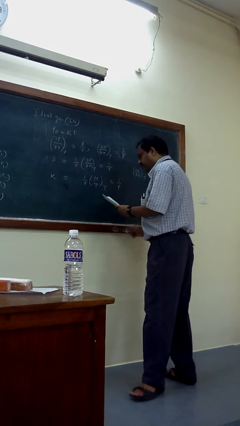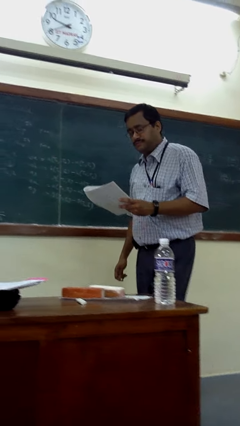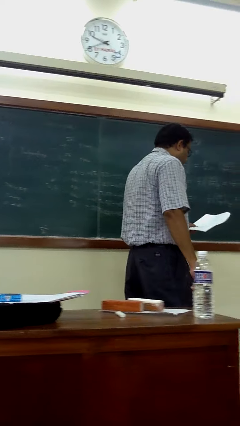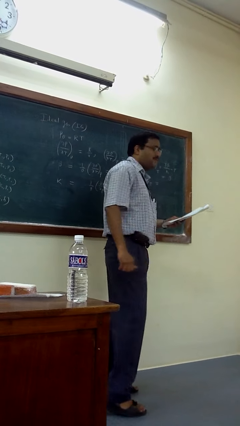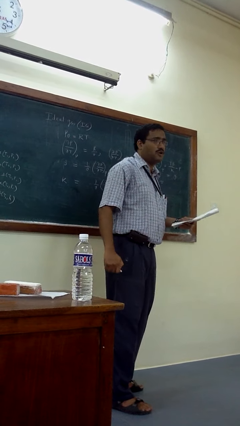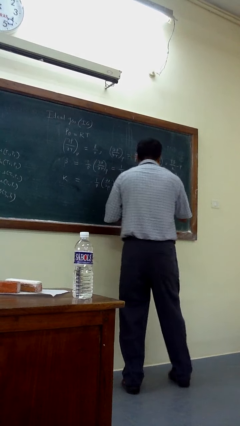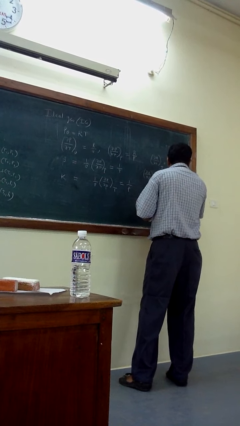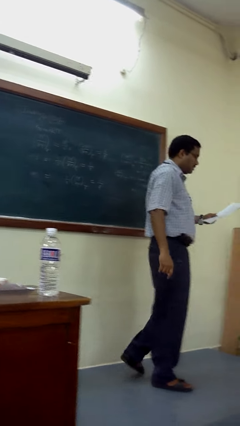Similarly, dou U by dou P at fixed T. What is the formula from your expression? Dou U by dou P at fixed T is minus beta VT plus P kappa V. Have you got it? Am I correct? Calculate.